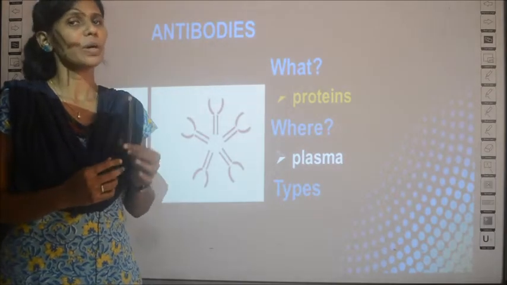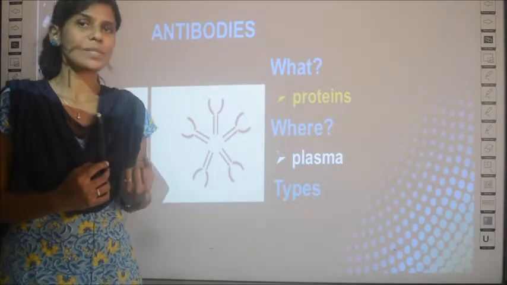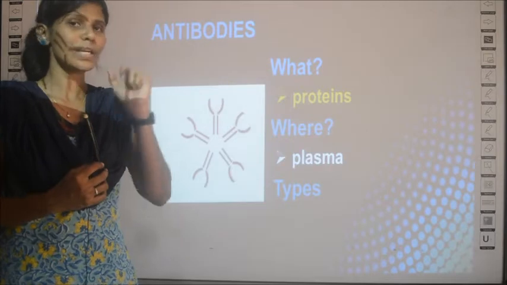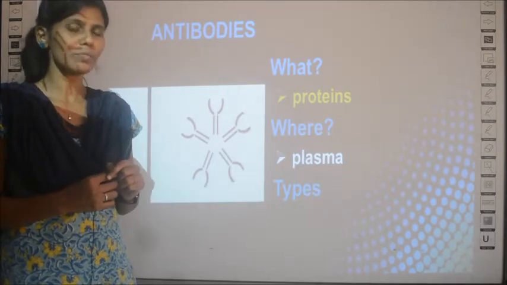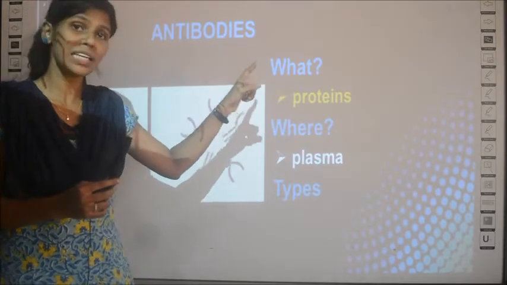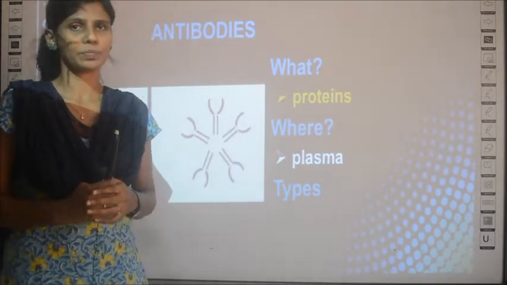If you do that, all the blood cells will settle down and the remaining colorless fluid is called plasma. I told you everything will settle down, no? But these antibodies will remain in the plasma, they will not settle down.